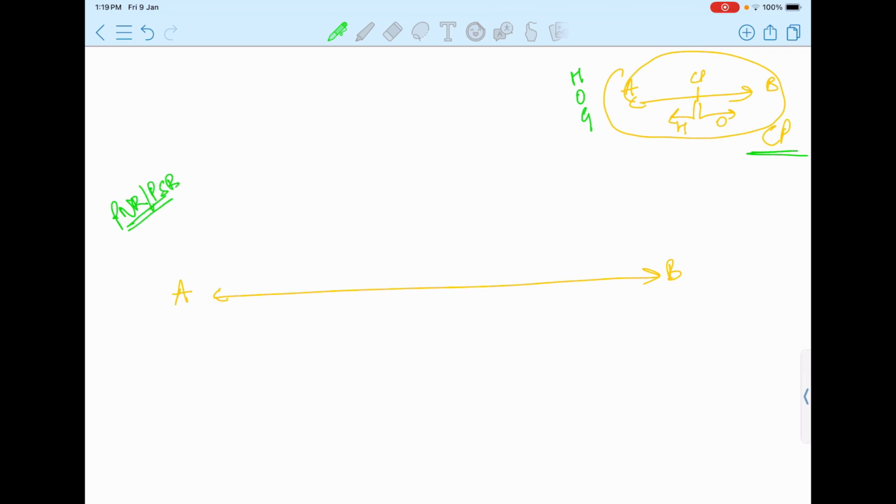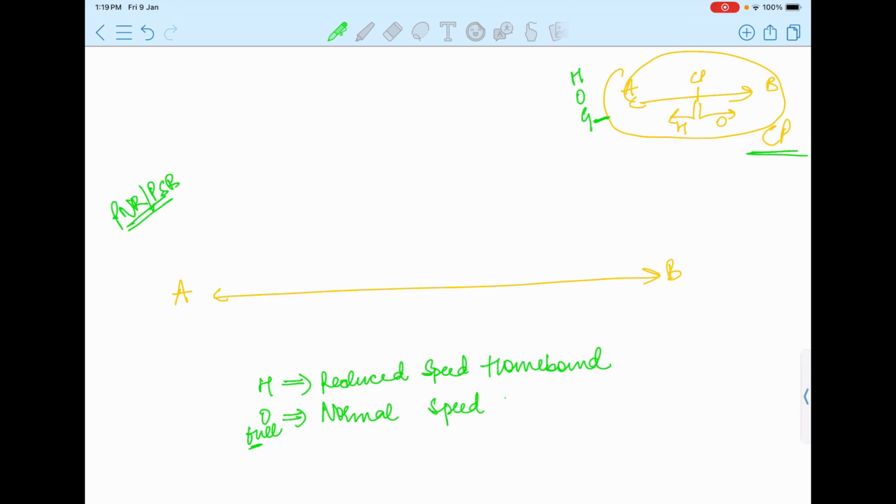In these questions, we use two kinds of speeds, H and O. H is reduced speed homebound, just like CP, but our O here is O full. Like here we did G full, here we use O full, which is normal speed outbound.